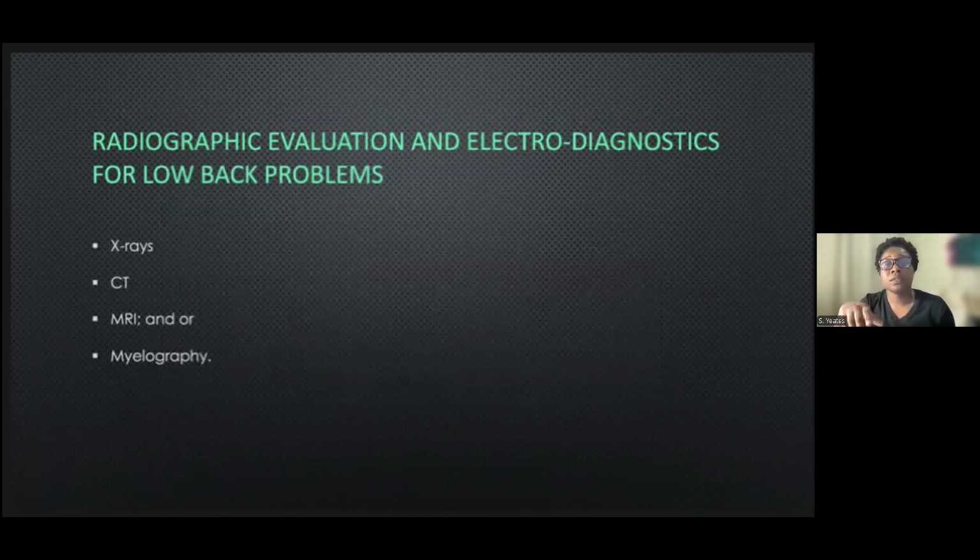This includes patients with appropriate clinical syndromes who have not responded satisfactorily to adequate non-surgical treatment over a sufficient period of time, and who have no medical contraindications to surgery. The radiologic confirmation of these diagnoses usually includes X-rays, CT scans or MRIs, myelography, or sometimes a combination of these.